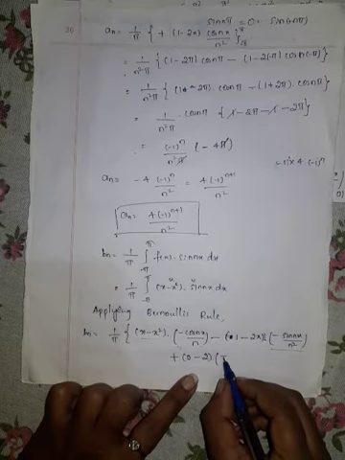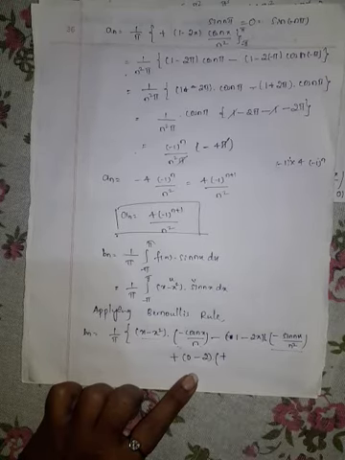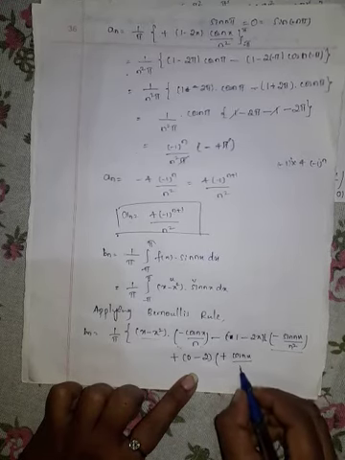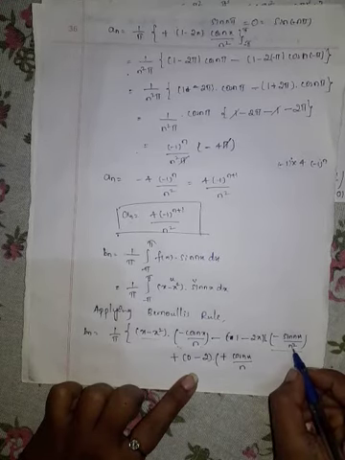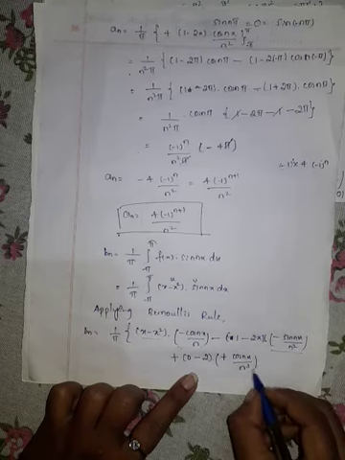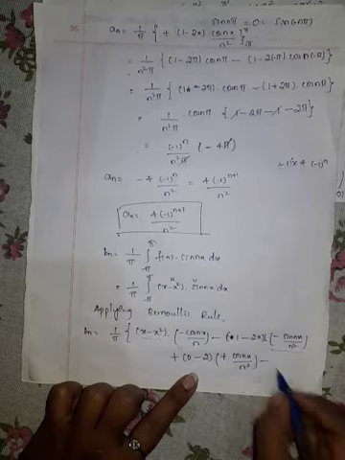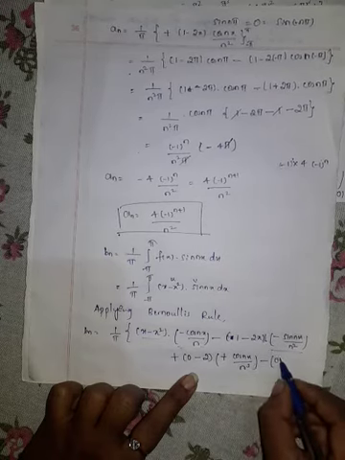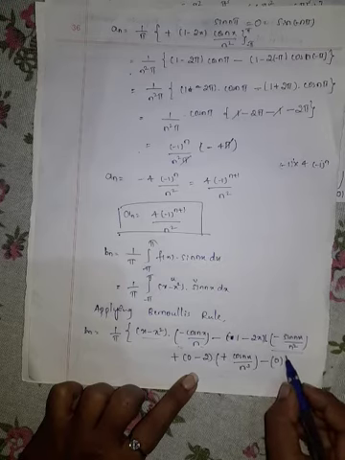Here we have minus, so minus of minus is plus cos nx divided by n. We have already n square. n into n square is n cube. Again minus sign. Differentiation of this term is 0. So next terms are 0.